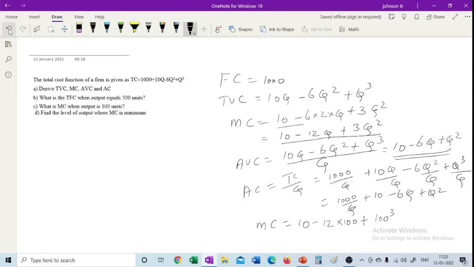When you solve this, you will get 28,810. This will be the marginal cost.